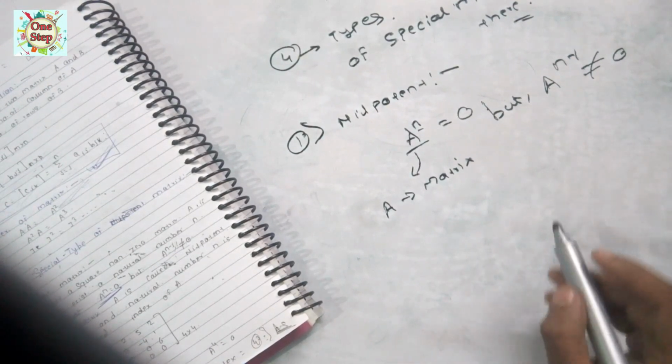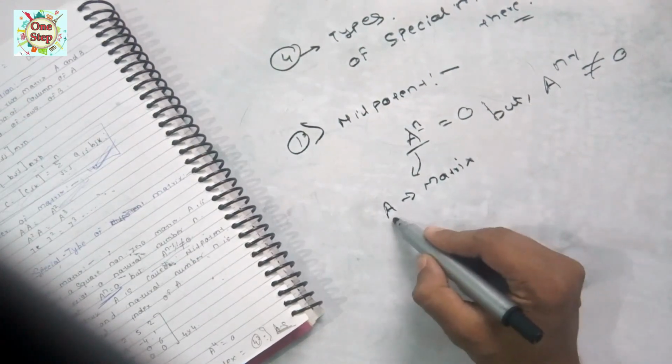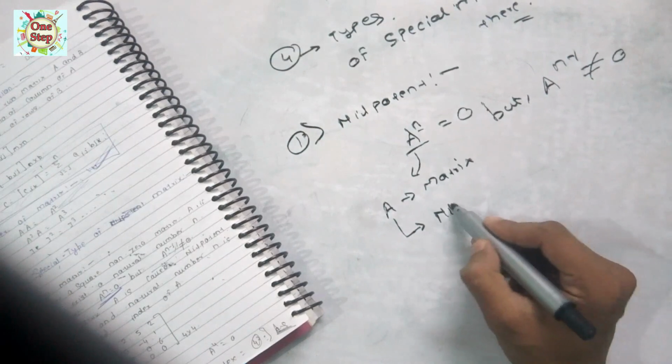For that type of matrix we can say that this matrix A is known as nilpotent.